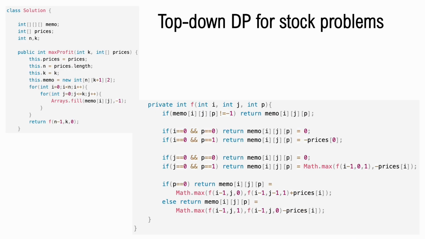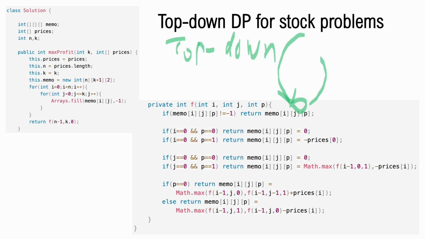As you can see now, the top-down approach and bottom-up approach are actually pretty similar. For the top-down approach, in the recurrent tree, you recursively call all the subproblems, you hit the base cases, and then the recursion stack pops, and you will automatically build up the table or the memo you need to track all the subproblems.